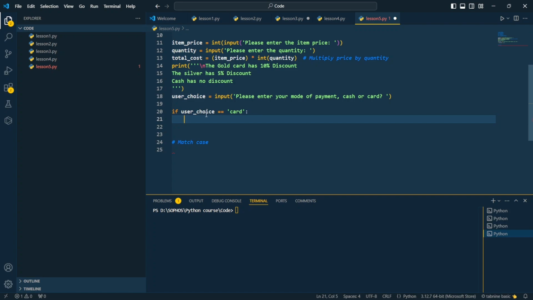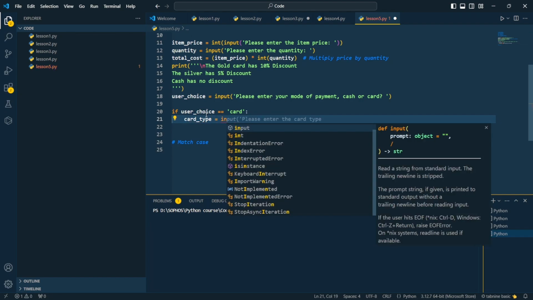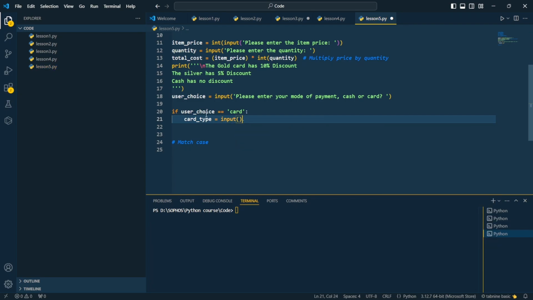So what I would do is ask for the card type, gold or silver.